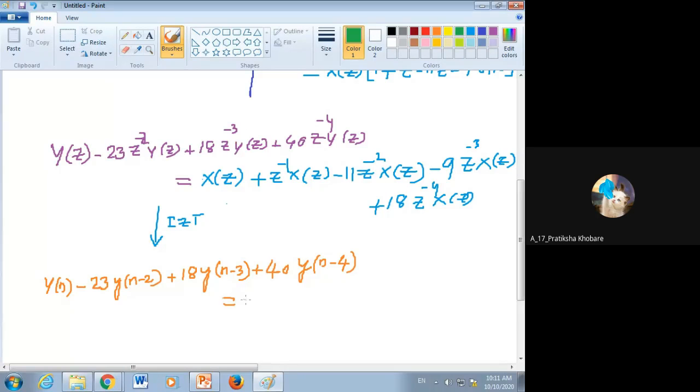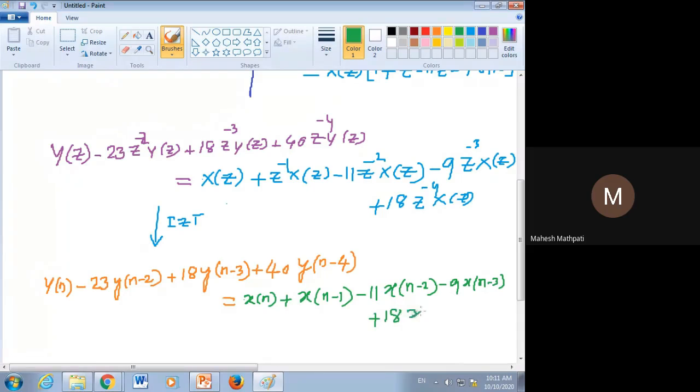It is x of n plus x of n minus 1, then minus 11 x of n minus 2, minus 9 x of n minus 3, plus 18 x of n minus 4.